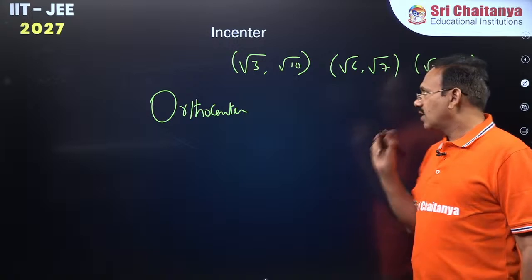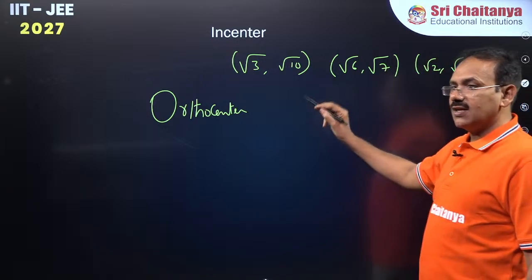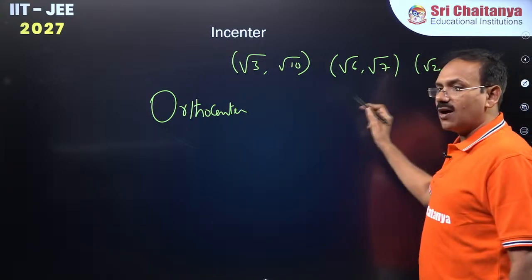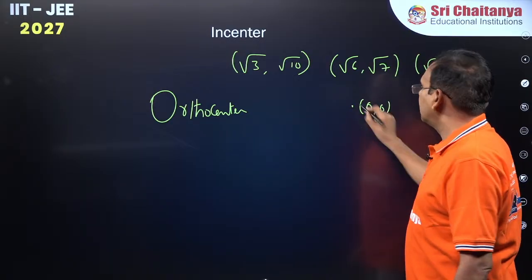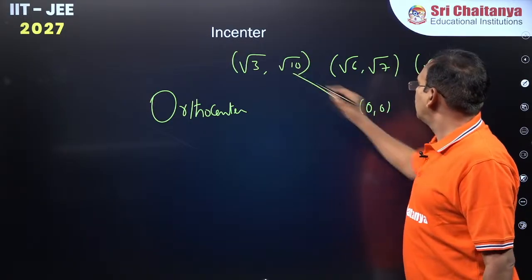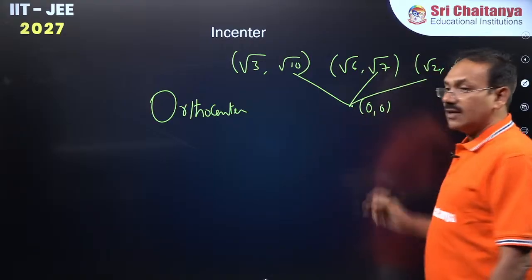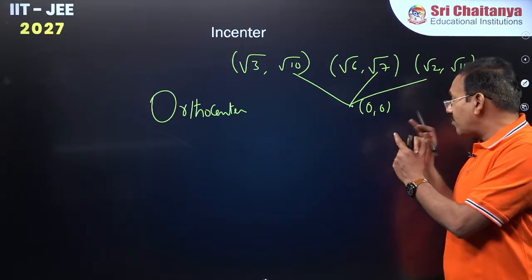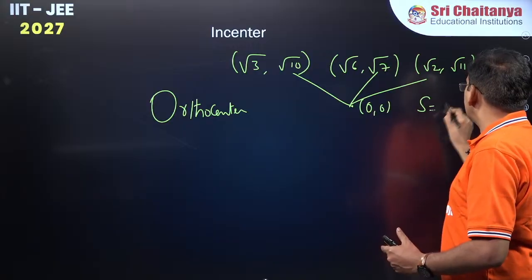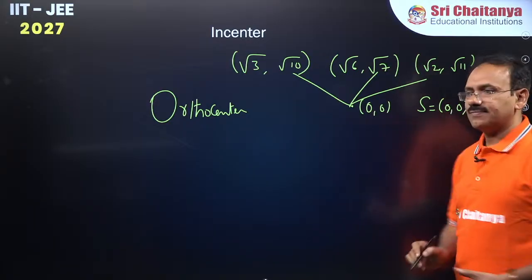We shall do it. Our observation is, just find the distance of each vertex from the origin. This is root 13, root 13, root 13. That means all the 3 points are equidistant from the origin. So the origin is the circumcenter.